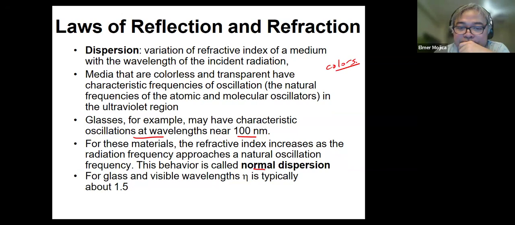Do you expect colors to travel at the same speed? Say, for instance, blue versus red. Do you expect blue and red to travel at the same speed?